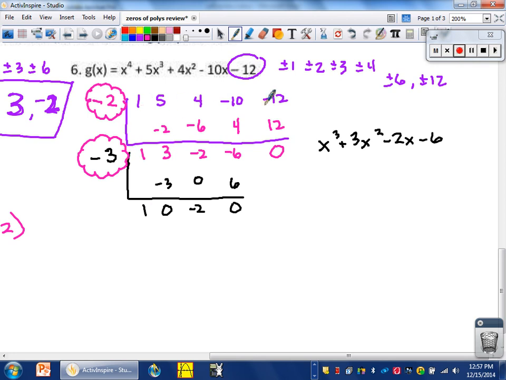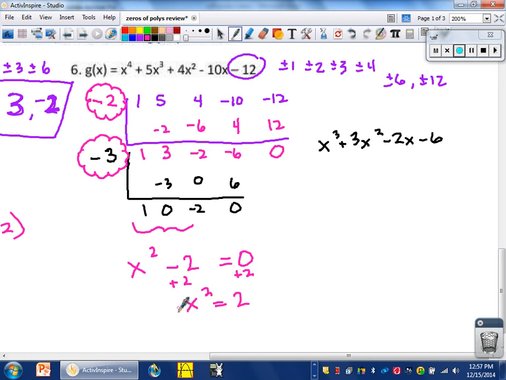So you had a 4th degree polynomial. You found a cubic, or a 3rd degree. You do it again so that we get a quadratic, so that we can easily solve this thing. So we're left with x squared minus 2. We don't have to worry about factoring it because it's only 2 terms. We can just solve this straight away.